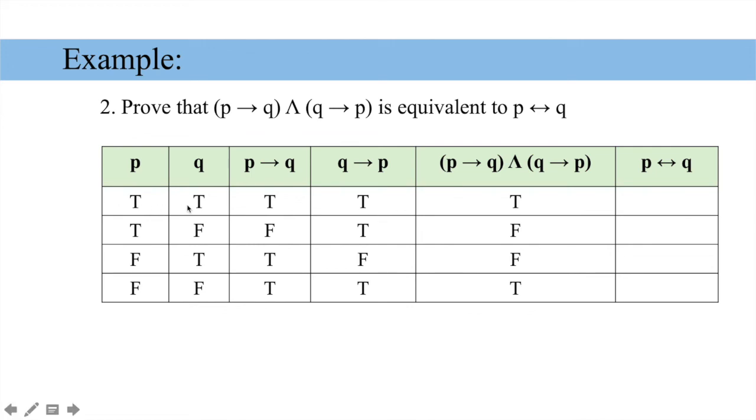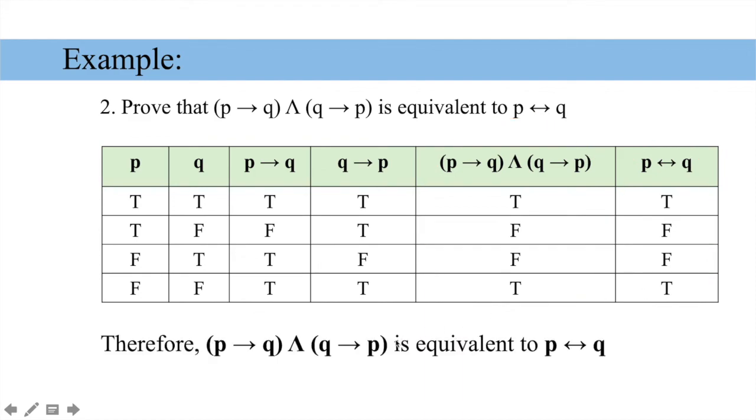As you can observe, these two columns have the same truth values, TFFT, TFFT. So therefore, P implies Q and Q implies P is equivalent to P if and only if Q.